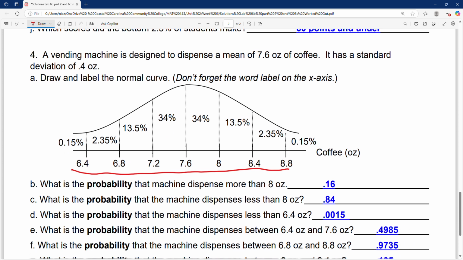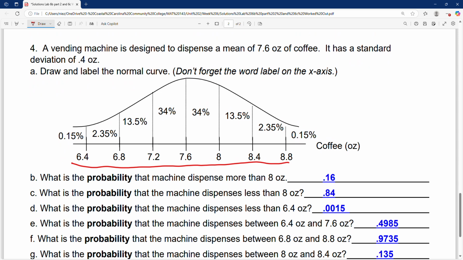Now let's see the questions. B. What's the probability that a machine dispenses more than 8 ounces? You just add all the percentages on the right side. So 16%, or 0.16. What's the probability that the machine dispenses less than 8 ounces?